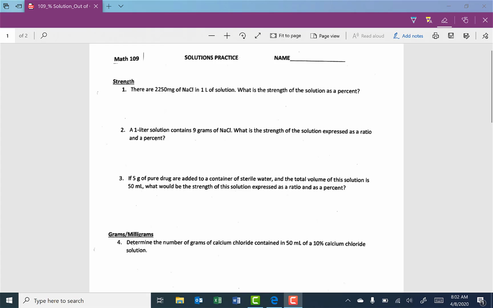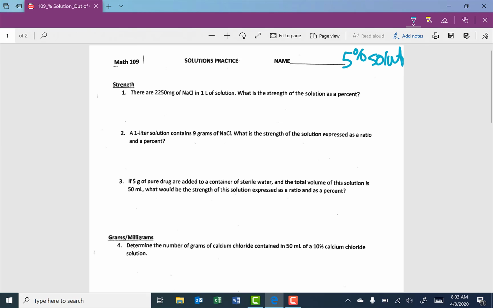When you're dealing with percent solutions, what you need to remember is that if you have, say, a 5% solution, that means you have 5 grams over 100 milliliters.